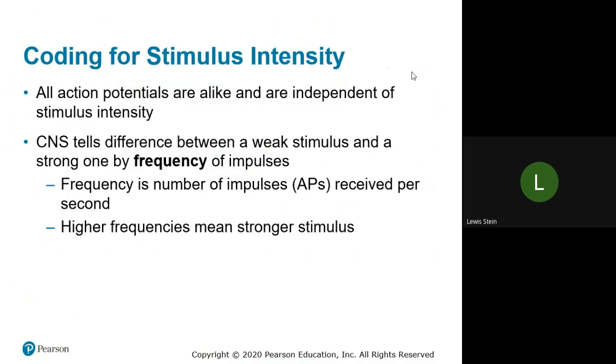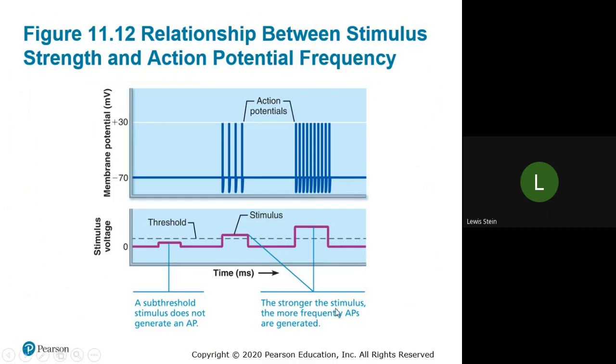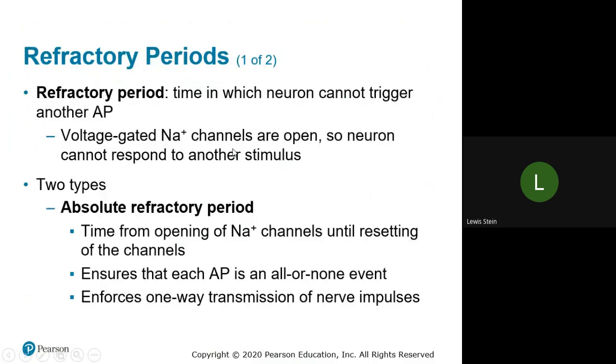So how much it hurts is how loud it is, like it was before I adjusted the sound. So the difference between a weak stimulus and a strong one is the frequency of impulses received per second. That's really important because effectively all of those stimuli are identical. So you can see that the more rapid versus, let's say, more regularly spaced.